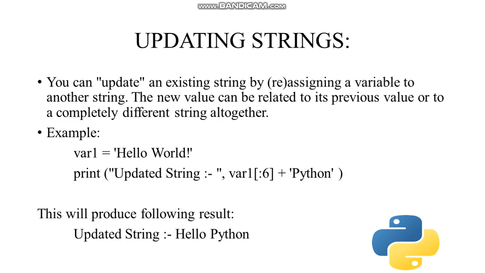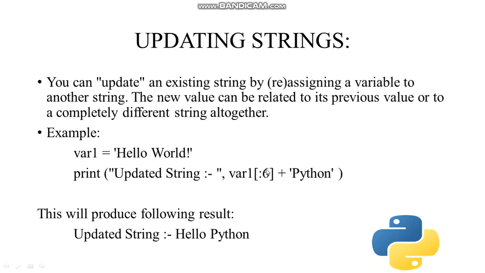Next is updating a string. You can update an existing string by reassigning a variable to another string. The new value can be related to its previous value or to a completely different string altogether. For example, I'm declaring one variable as hello world. Then I'm printing the updated string as variable colon 6.